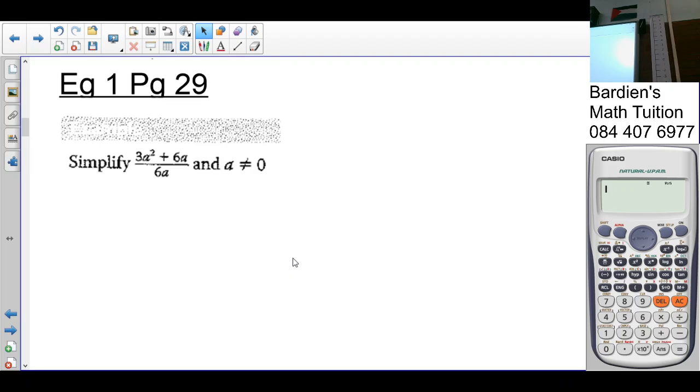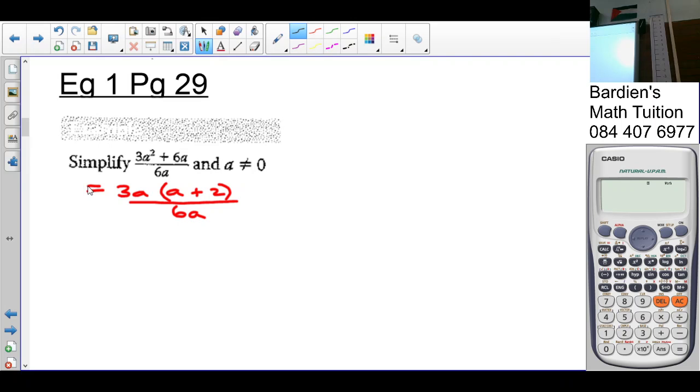Okay, so there are two ways I can do this. I can say 3a squared over 6a plus 6a over 6a, as we did in grade 9. Or we can take out a common factor on top, 3a. If I take 3a out, what am I left with? A plus 2 over 6a.